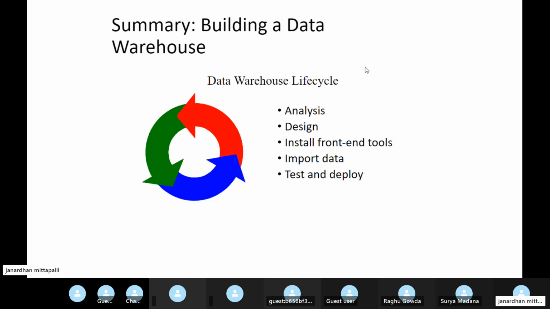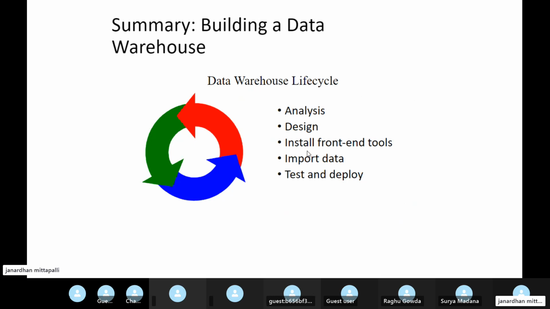Here we take requirements and analyze them. Whatever information the user has comes under requirements. Taking information from the user comes under requirements, and based on that we do analysis and design, and install front-end tools.